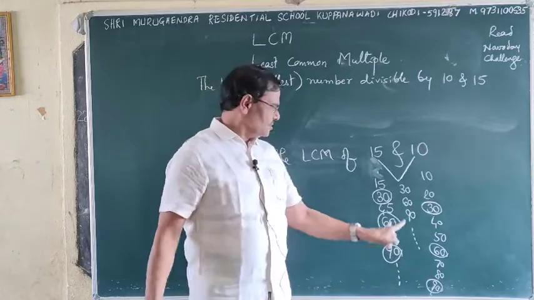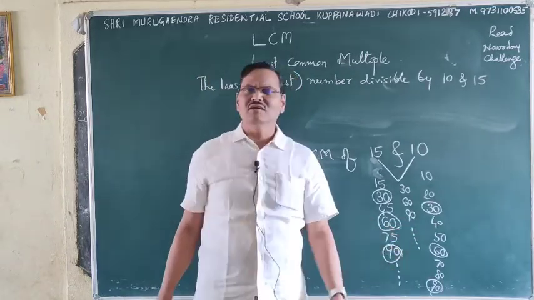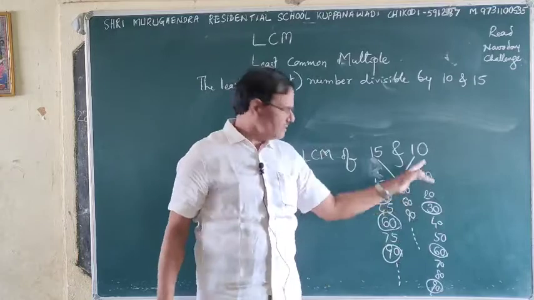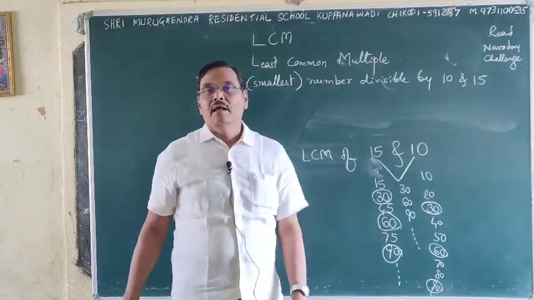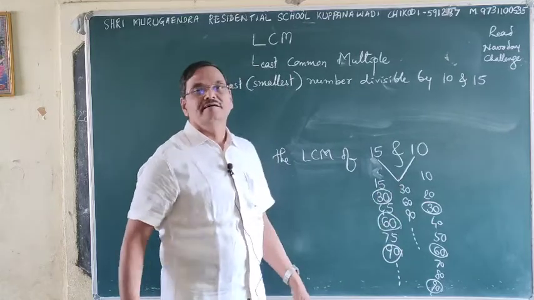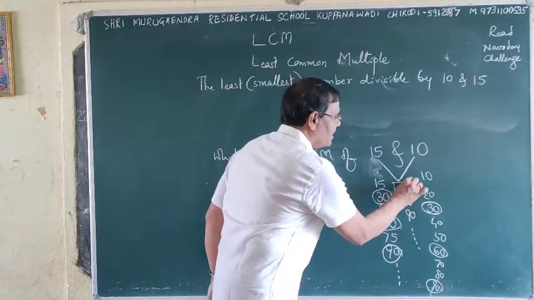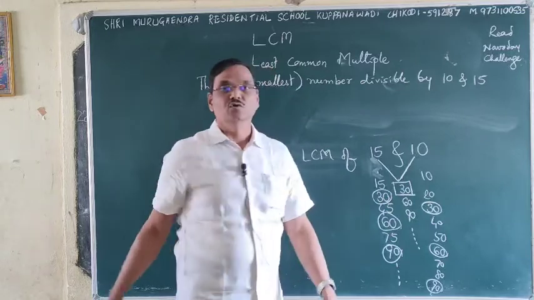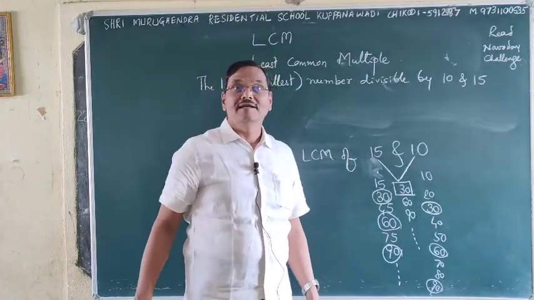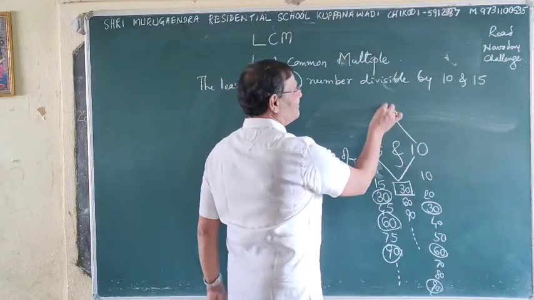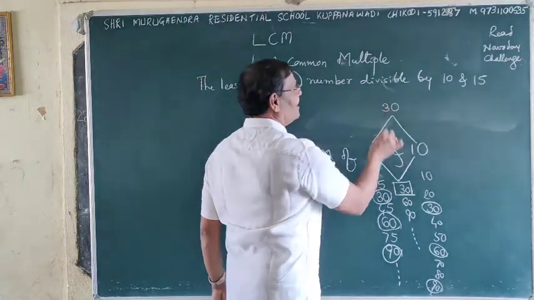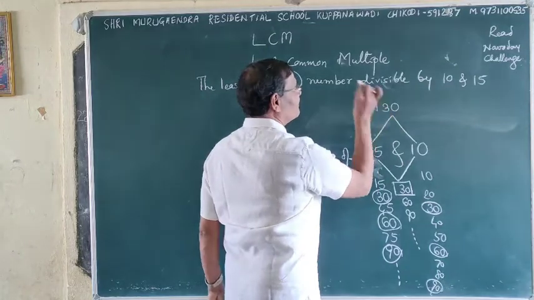It is also limitless, because however far you write, it will come here also. Then among these numbers, 30 is the least number. So we have to take that 30. So the LCM of 10 and 15 is 30.